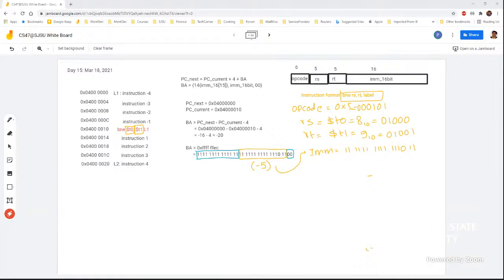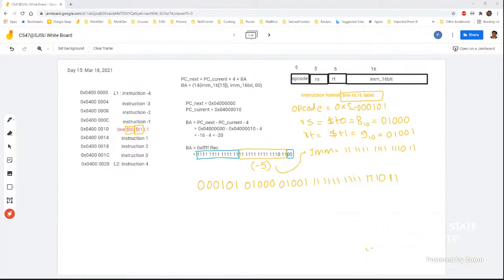Now you put all this machine code together: 0 0 0 1 0 1, followed by RS 5-bit 0 1 0 0 0, RT 5-bit 0 1 0 0 1, immediate 1 1 1 1 1 1 1 1 1 1 1 1 1 0 1 1.